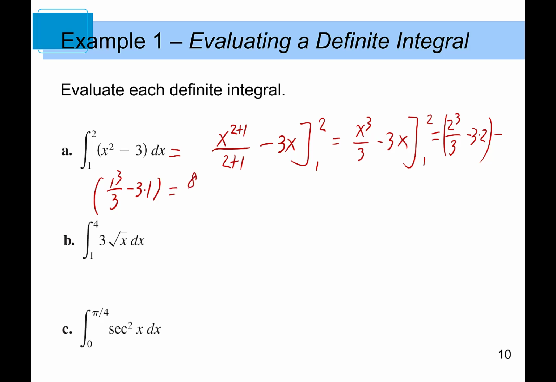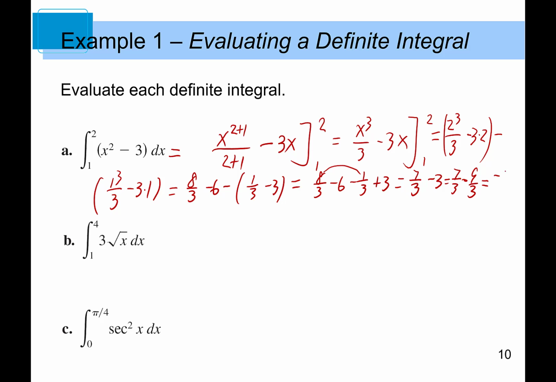So that becomes 8 over 3 minus 6, minus 1 over 3 minus 3. Expand it, we end up with 8 over 3 minus 6 minus 1/3 plus 3. Simplify that, combine 8 over 3 minus 1 over 3, and we get 7 over 3. And then minus 6 plus 3, so 7 over 3 minus 9 over 3. That turned out to be negative 2 over 3.